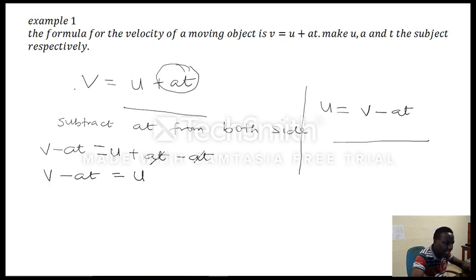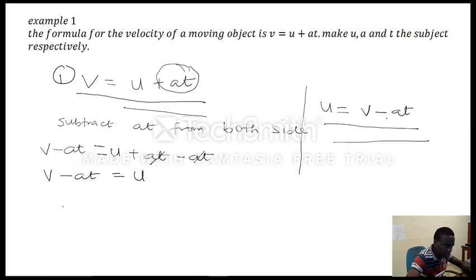You can either go back to this equation to make a the subject of the formula, or from that which you have gotten, the equation that says u is equal to v minus at, you can either use this or this to make either of both the subject of the formula. So I'm going to go back to equation 1, this equation, and simplify it, making a the subject of the formula.